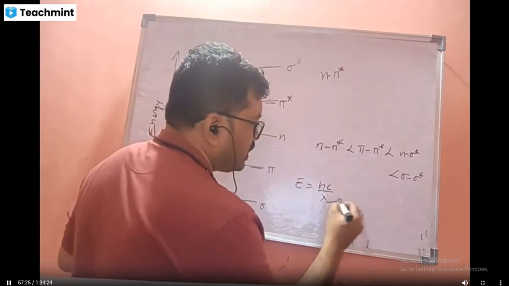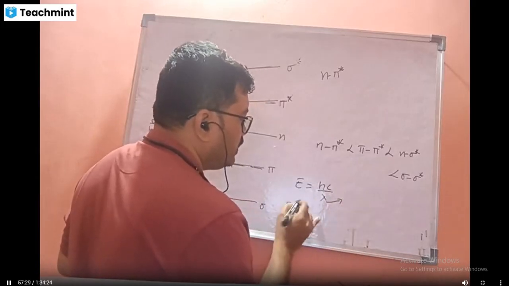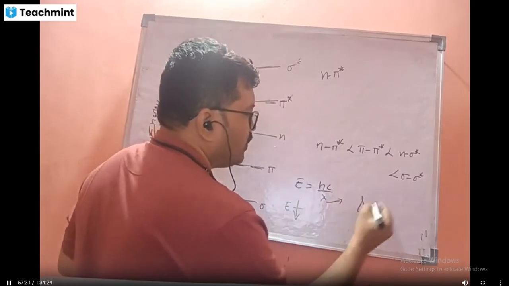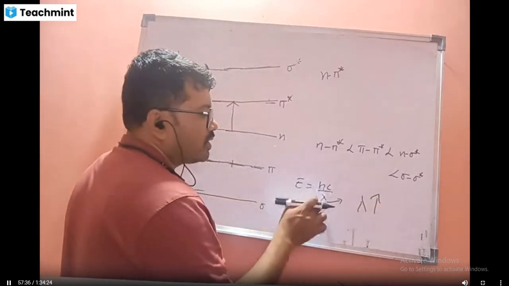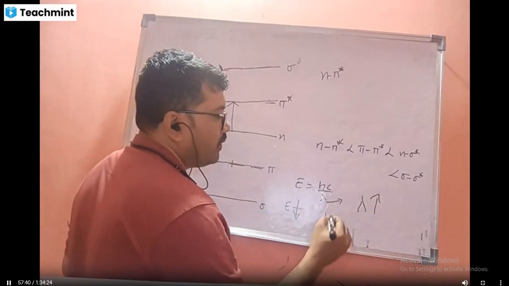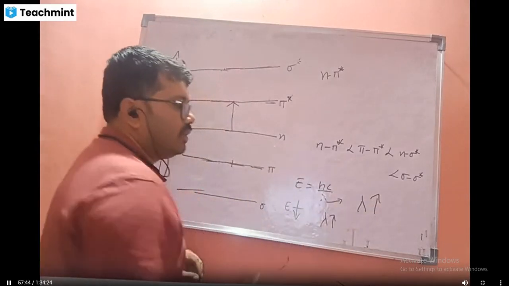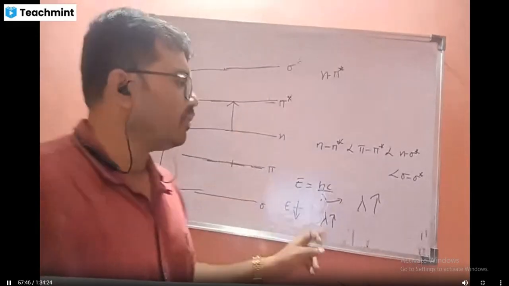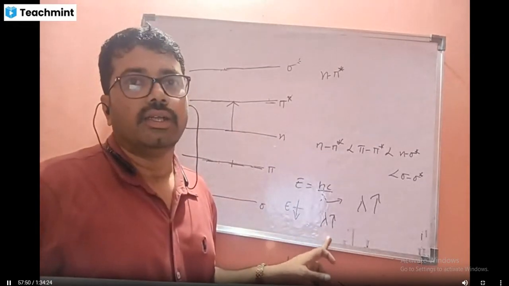So as wavelength increases, energy decreases, inversely proportional. Very little energy is required. Less energy means more wavelength. Less energy is required, so the wavelength becomes longer wavelength.